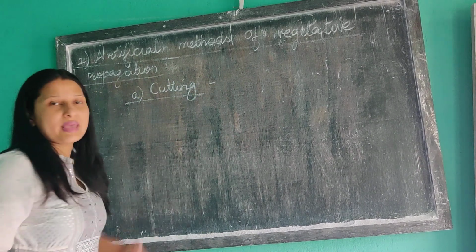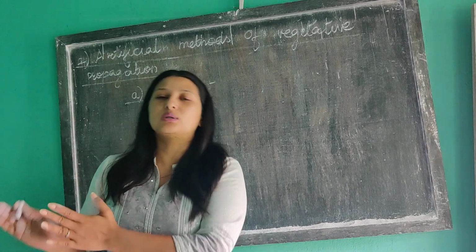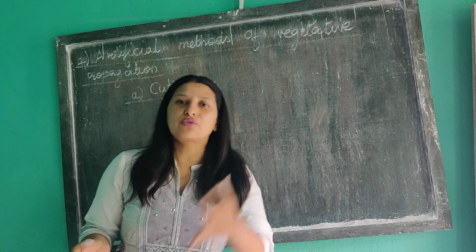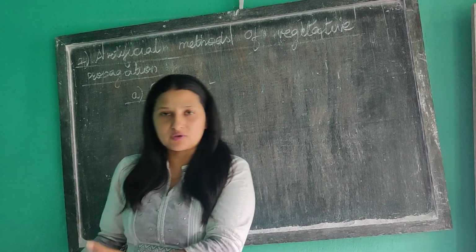So in this method a part of the plant, maybe the root or the stem or the leaf, is detached from the parent body and then it is buried in the soil.